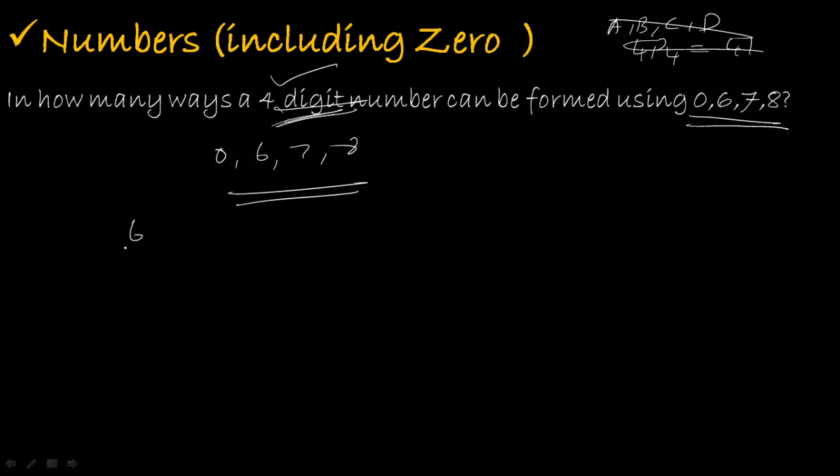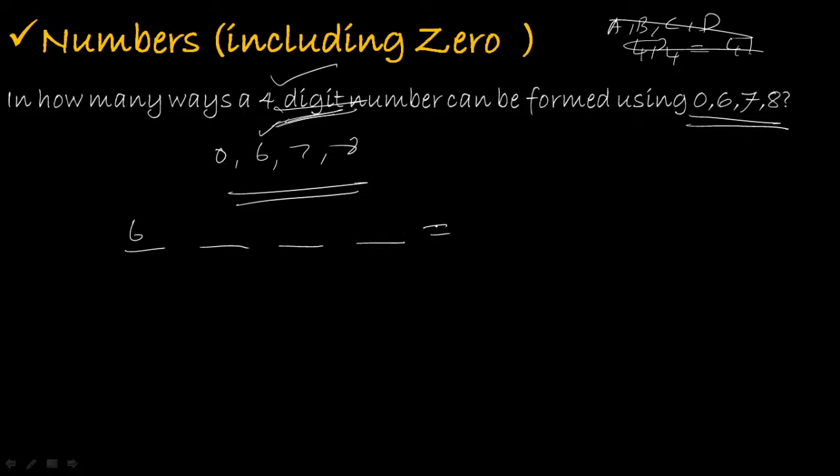Now I am going to form a 4-digit number, so I have 4 positions. In the first position, if I fix 6, the remaining I am going to take are 0, 7, 8. So for the 3 digits we have 3 positions.